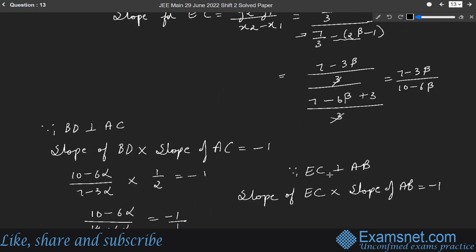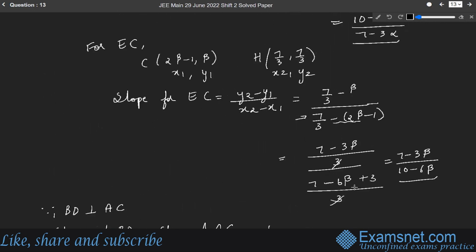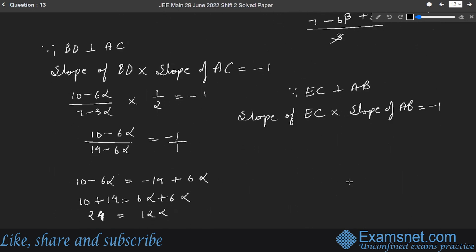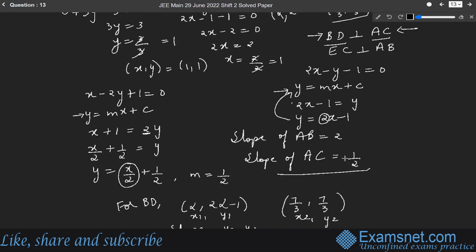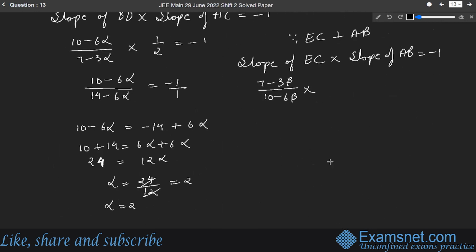What is slope of EC? Slope of EC is 7 minus 3 beta upon 10 minus 6 beta. So 7 minus 3 beta upon 10 minus 6 beta multiplied by slope of AB. What is the slope of AB? We have the slope of AB as 2. So multiplied by 2 is equal to minus 1.